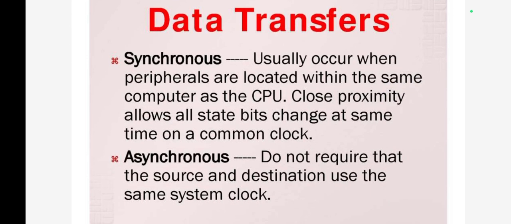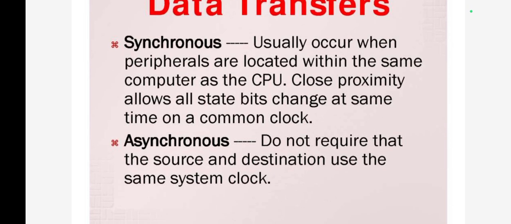The data are transferred in IO interfacing by two methods, namely synchronous and asynchronous. Synchronous data transfer usually occurs when peripherals are located within the same computer or microprocessor.